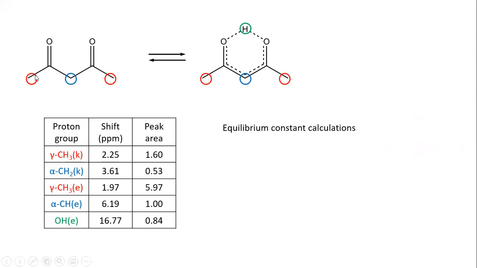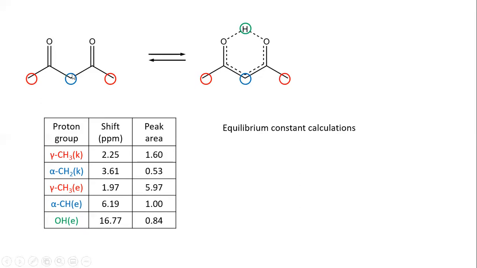For example, we see here immediately that the methyl groups, the gamma methyls, are equivalent because they stay in the same place and they're not really involved in tautomerism. Right? So that's one possible way of calculating the K. We compare the area of this gamma methyl and this gamma methyl.